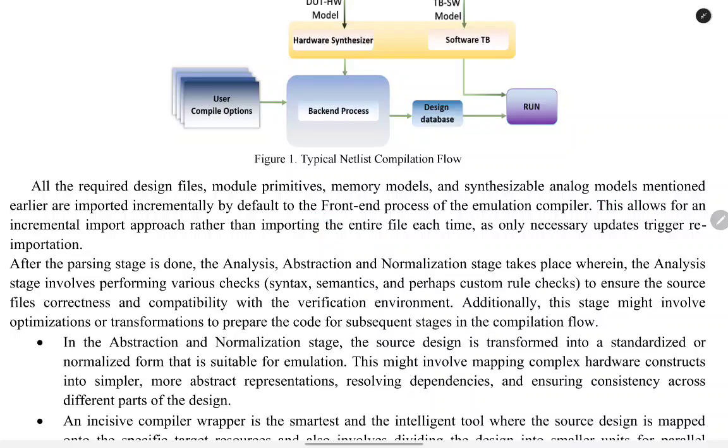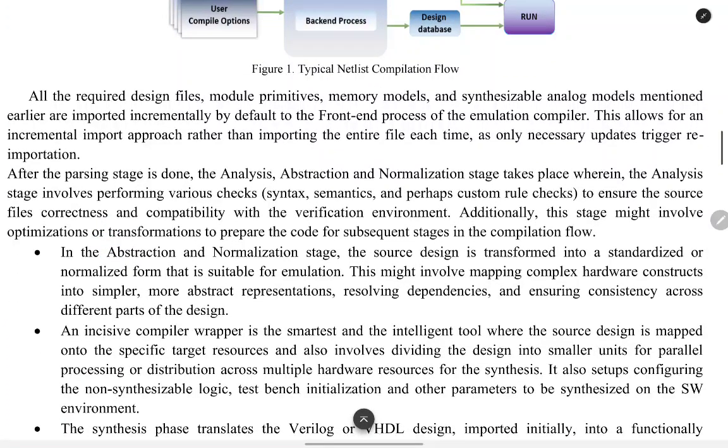This allows for an incremental import approach rather than importing the entire file each time, as only necessary updates trigger the importation. After the parsing stage is done, the analysis, abstraction, and normalization stage takes place, wherein the analysis stage involves performing various checks, syntax, semantics, and perhaps custom rule checks to ensure the source file's correctness and compatibility with the verification environment.